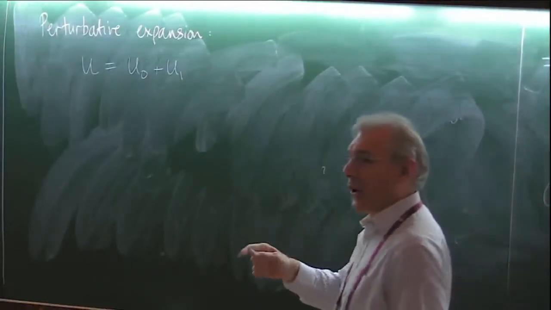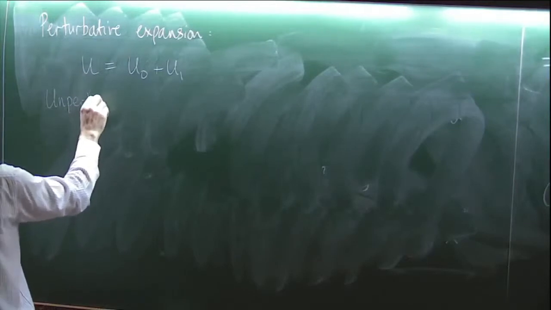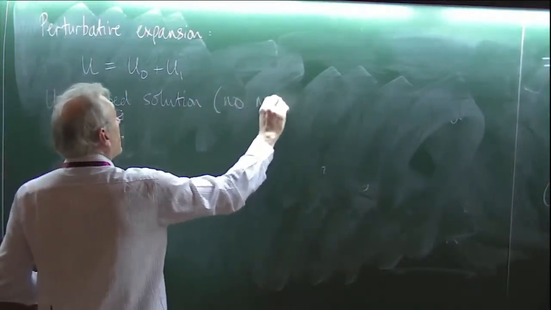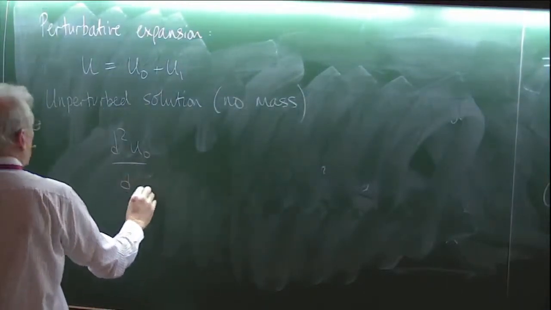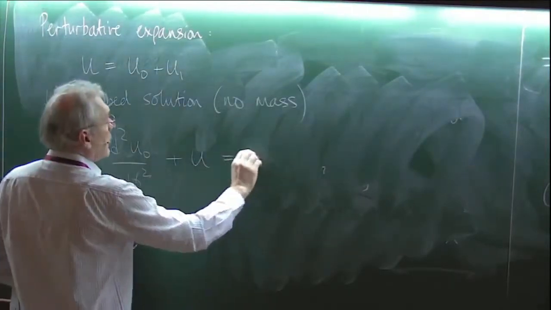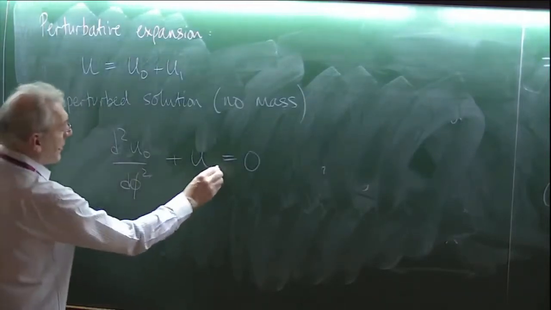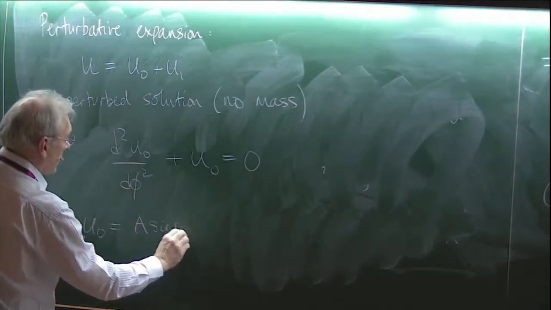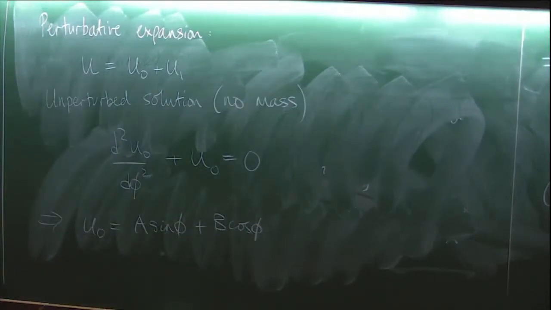So if we write it in terms of an unperturbed solution where m is 0 and then a small perturbation u1, then we have to solve this equation, which I expect you've seen before somewhere. So we know the solutions to the harmonic equation.